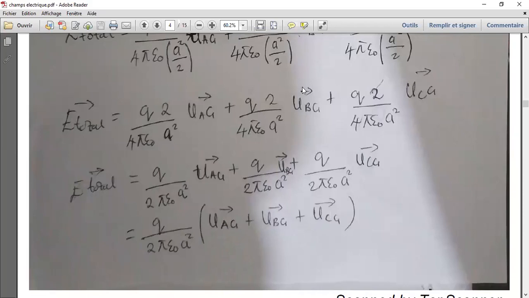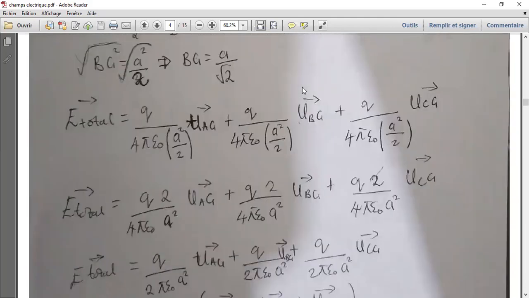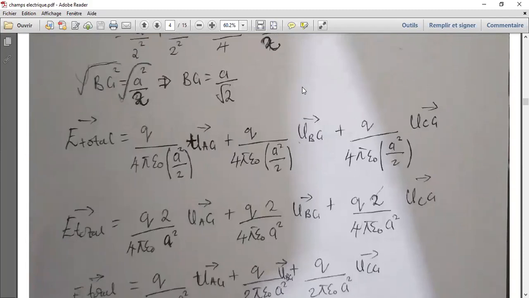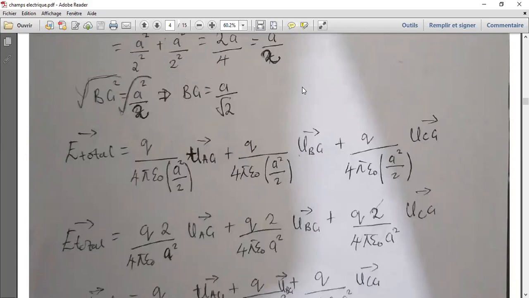I have a question. How is it A squared over 2 when the final answer is A over square root of 2? Which one, the BG? In the final answer, A over square root of 2. Yes, but we're using A squared over 2. If you have seen, I've squared the whole thing, A squared over 2. So I'm squaring the A on top and the 2 down here.